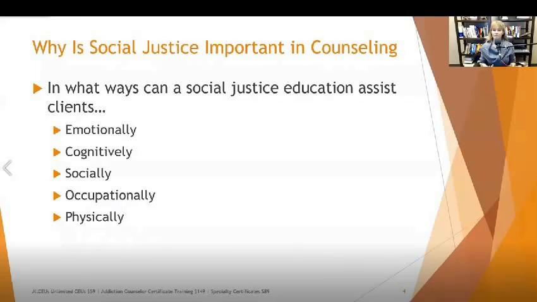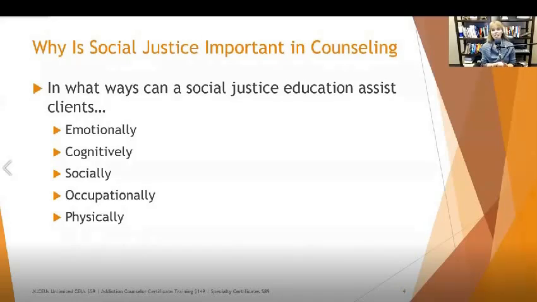Occupationally, they can have more opportunities in the workplace if everybody is embracing a diverse culture. And physically, when people are less stressed, less anxious, less depressed, they're going to feel better physically. They're going to have more energy, be more productive, have less pain and aches. They're going to sleep better, and so on. So it's all kind of related.